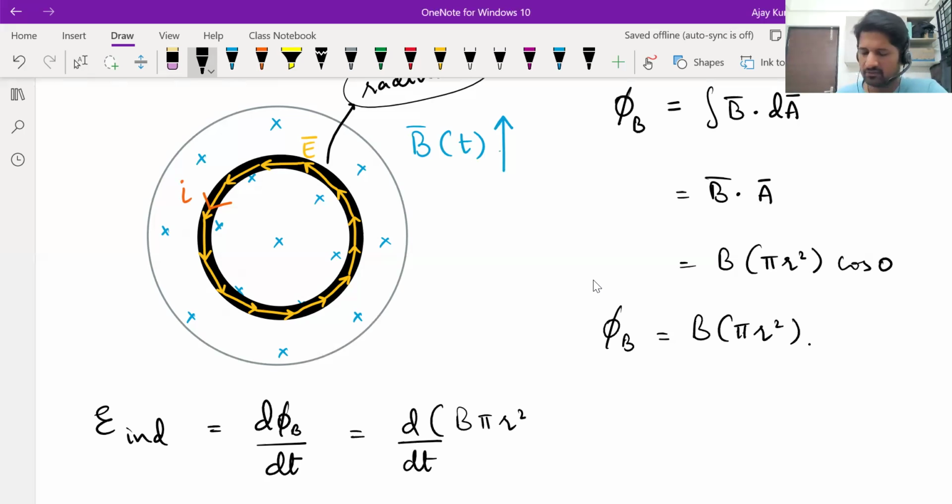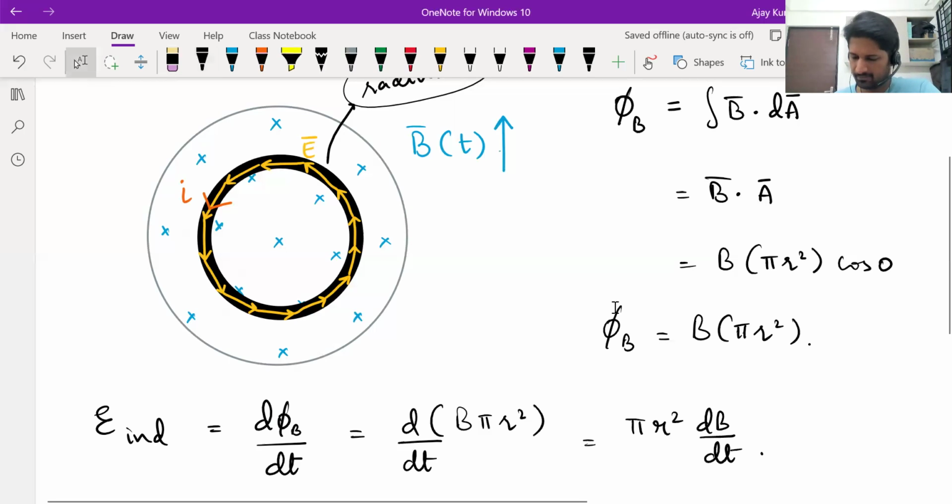Now r is the radius of the loop, which is constant. B, the magnetic field, is the one which varies from time to time. So pi r square stays outside the derivative. You will be left with dB by dt. If you know magnetic field as function of time, you can calculate dB by dt also. So we got an expression for induced EMF.